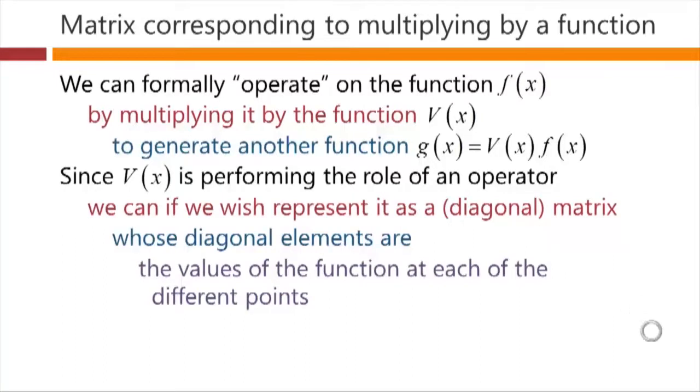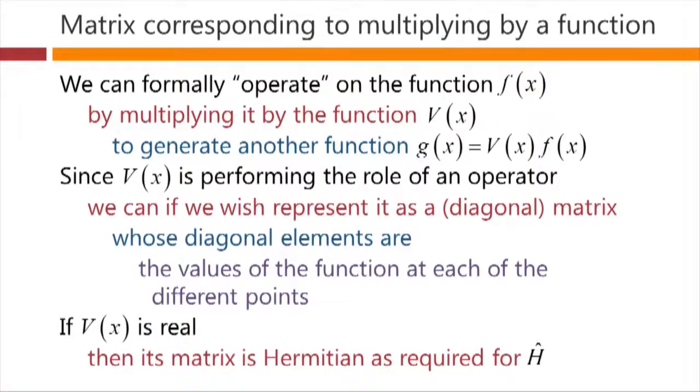So it could be a diagonal matrix with v of x1, v of x2, and so on, all the way down the diagonal. If v of x is real, then this matrix is Hermitian, as required for it to be part of a Hamiltonian. So when we write out a Hamiltonian with, for example, our kinetic energy term minus h bar squared over 2m times del squared plus our potential energy term v of x or r, whatever, we can think of that v as being an operator also if we think of writing it in this diagonal form.